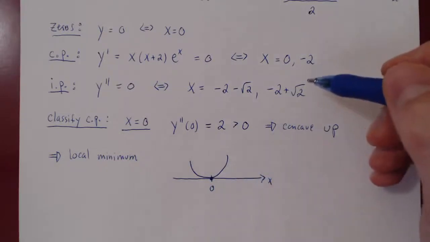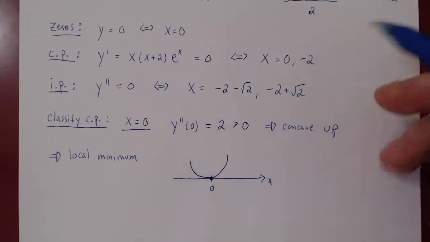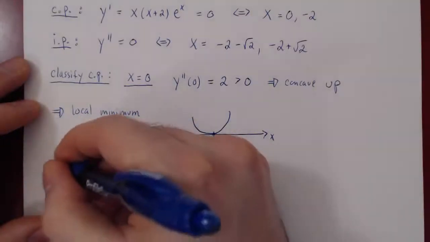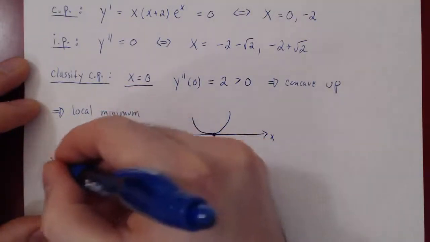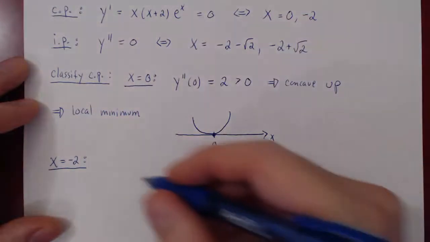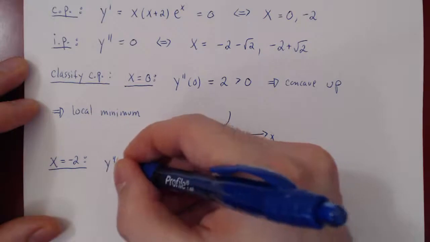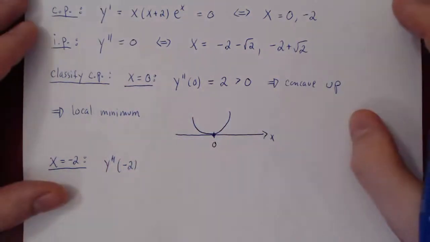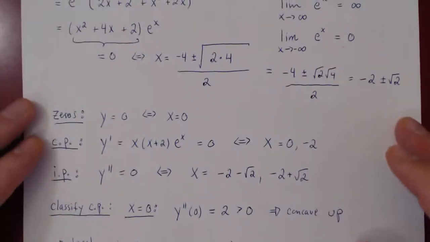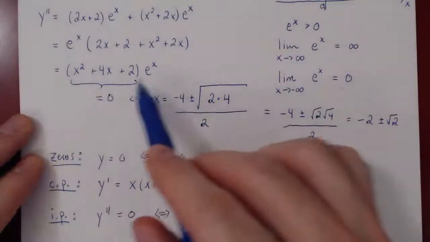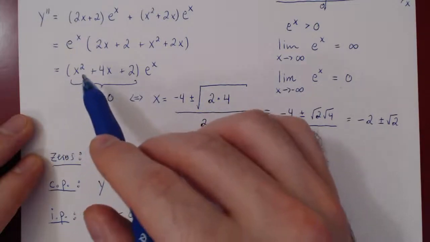Let's classify our second critical point when x is negative 2. And again, all we need is the second derivative at negative 2. Hopefully it will be positive or negative. So let's see. This is again our second derivative. Plug in negative 2 here, what do you have?